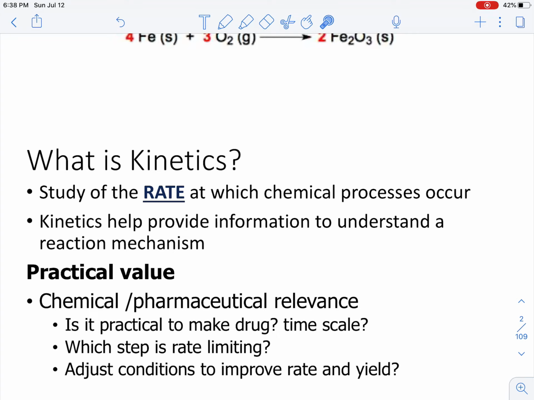And so by understanding the rate limiting step and the rate of the reactions, one can improve upon the steps of synthesis to produce a viable drug in a shorter amount of time and in large quantities.